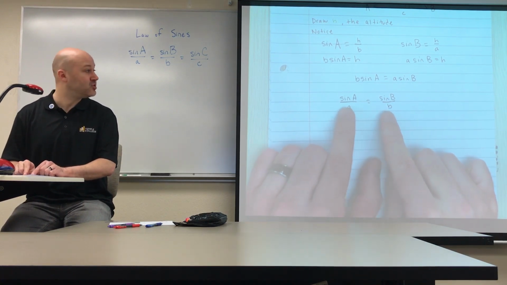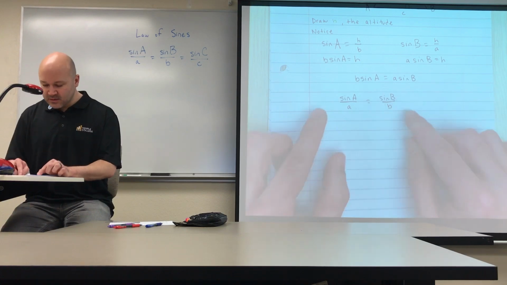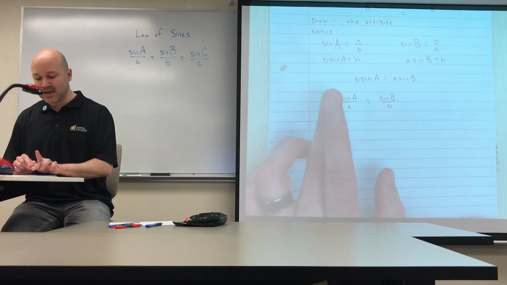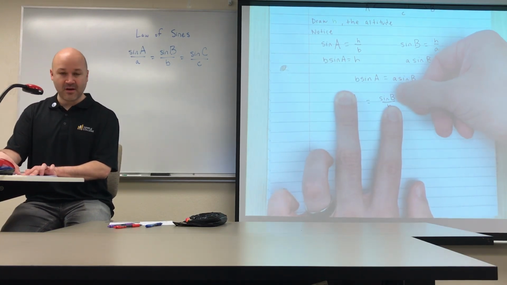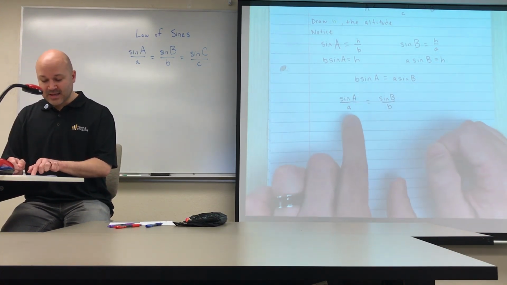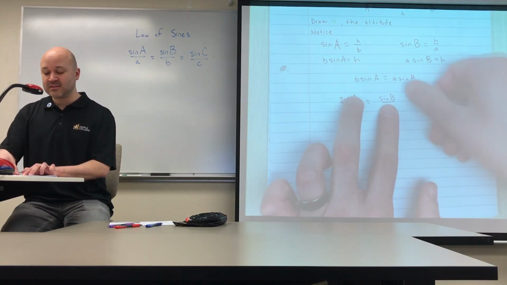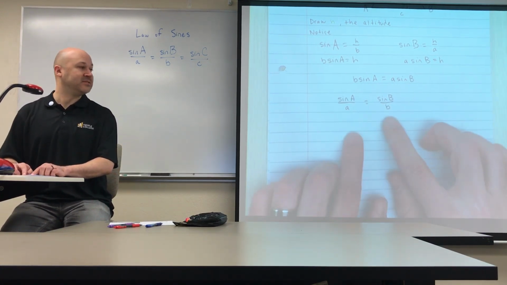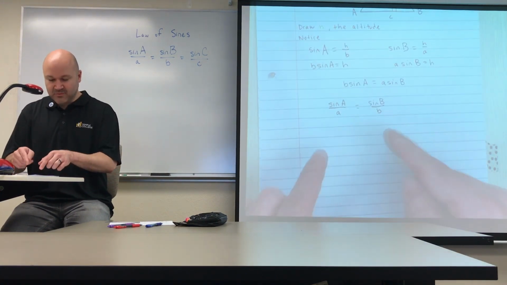Now, this relationship right here, sine A over a equals sine B over b, has four unknowns. So if I know three of them, then I can solve for that unknown variable. If I know one of these angles, its corresponding side length, and another side length, I can use the law of sines to find that unknown value. And I don't have to have a right angle. I can use this relationship.